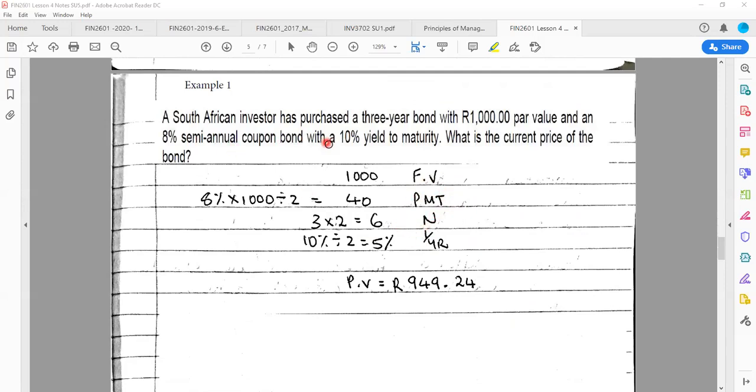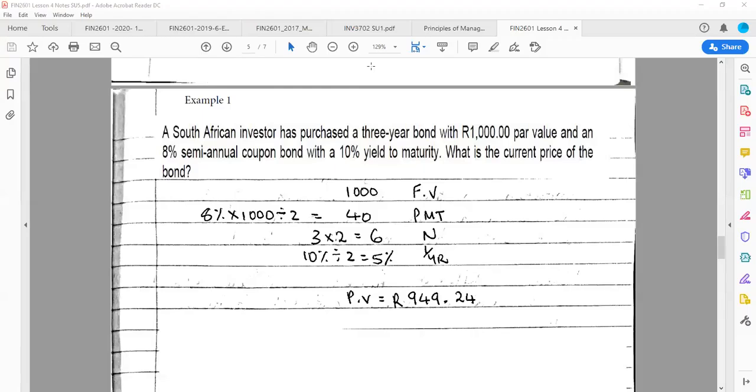Okay, so here's the first example that I've put up. I just want us to work through this example quickly. This example says a South African investor has purchased a 3-year bond, meaning a South African investor has lent someone money for 3 years, at 1,000 rand, under the agreement that the person will pay back 1,000 rand per bond, per contract.